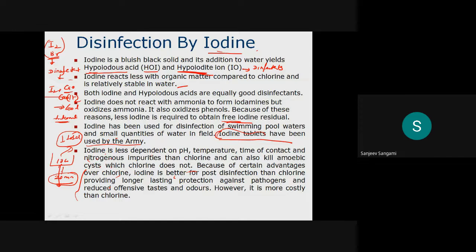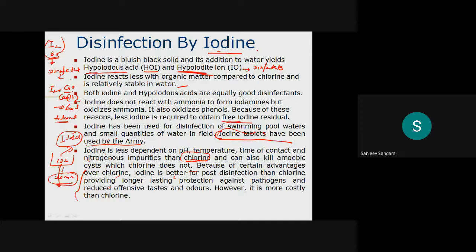Iodine is also dependent on pH, temperature, time of contact, and nitrogenous impurities, but less than chlorine. We will discuss the comparison with chlorine later. As for now, we can understand that it is less dependent on pH and other parameters. That is why it is used in military base camps, where a proper check of water quality parameters is not required.